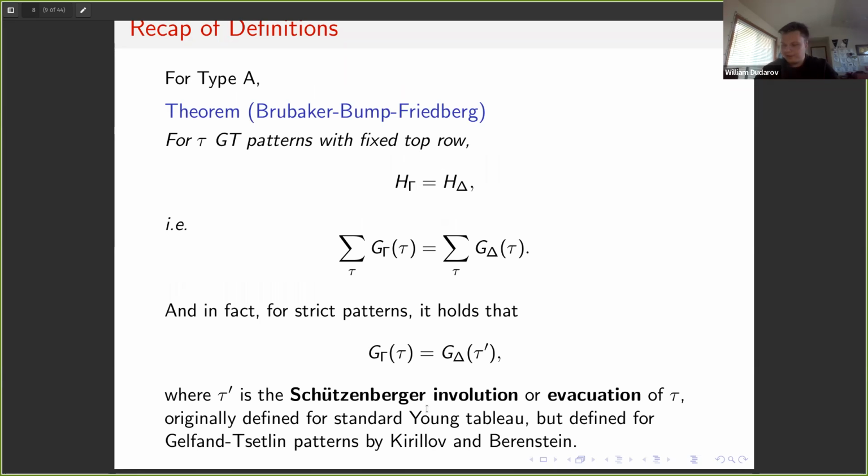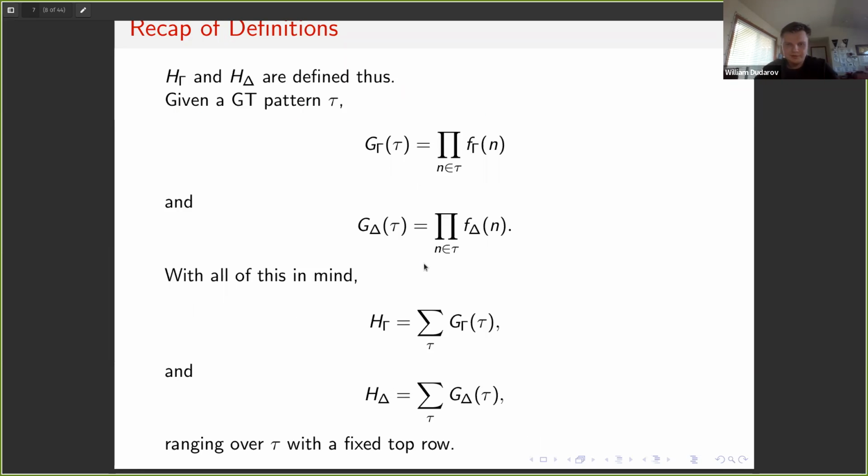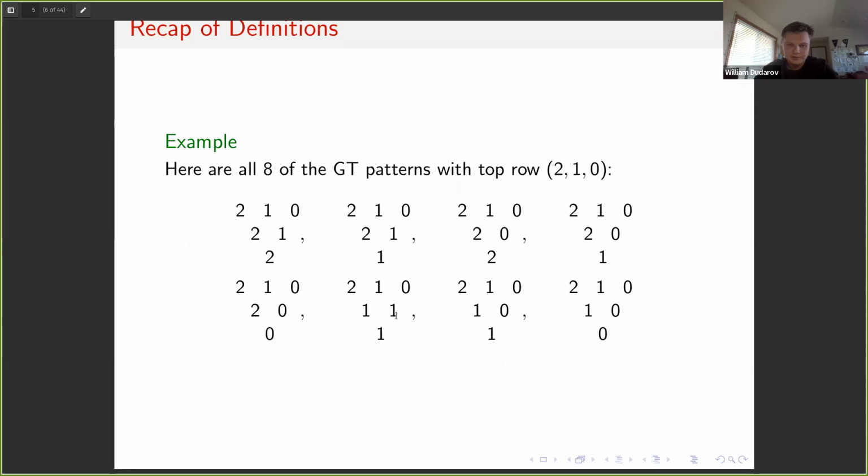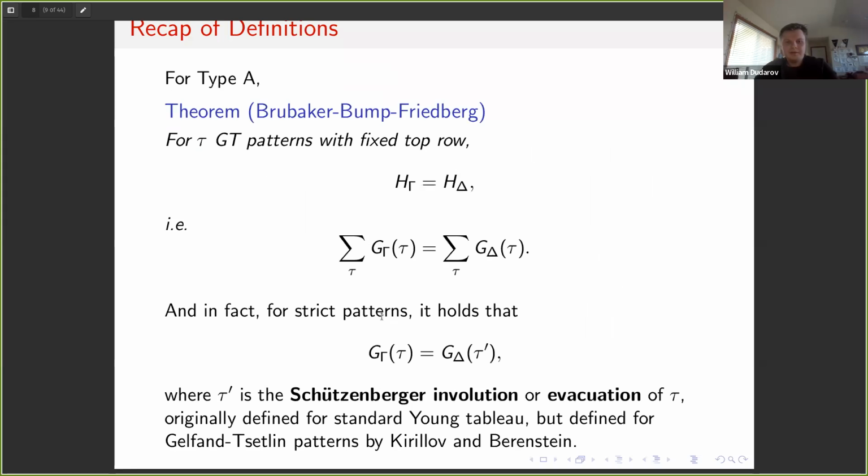For type A, the big result in the Orange book is H gamma equals H delta. So we have these sums equaling each other. In fact, for strict Gelfand-Tsetlin patterns, those without repeated entries in a row (this one's strict, this one's strict, that one's strict, this one's strict, this one is not strict), it actually holds that you don't need the sum.